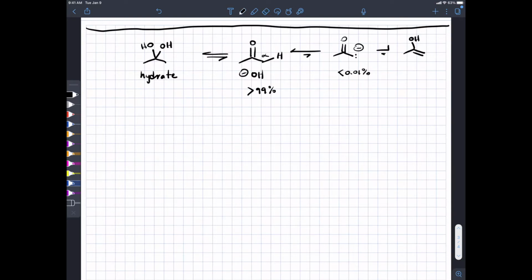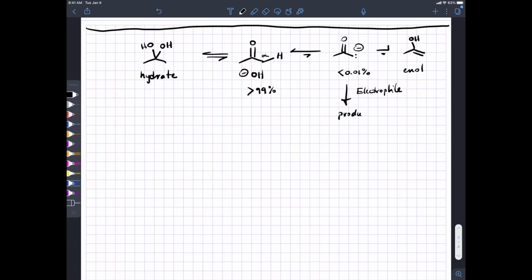We said that the small amount of enolate that's present is enough to do chemistry if we have some electrophile that can draw off material from enol, hydrate, and ketone down to whatever the product is. And in general, that electrophile so far has been, let's use some alkyl halide.